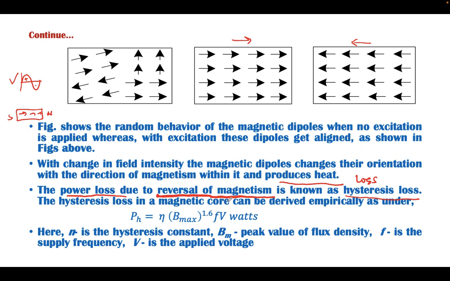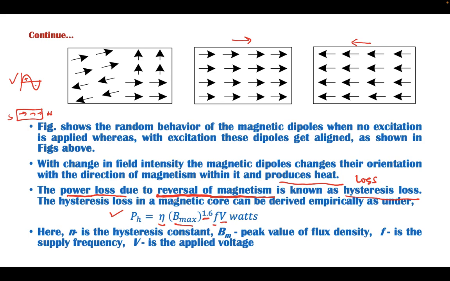The hysteresis loss in a transformer core, and in any magnetic core, is derived empirically, where eta is the hysteresis constant, B max is the peak flux density, 1.6 is the exponent, f is the supply frequency, and V is the volume.